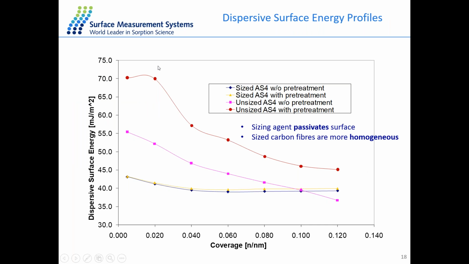Here, like before, we have dispersive surface energy on the y-axis and surface coverage on the x-axis. What we can firstly see is our sized carbon fibers compared to unsized have a lower dispersive surface energy. And what we can also see is these profiles are much more linear. Again, suggesting that we have a more homogeneous surface in comparison with our unsized.